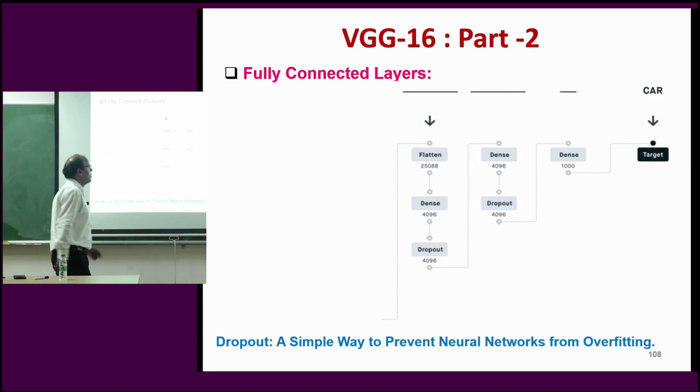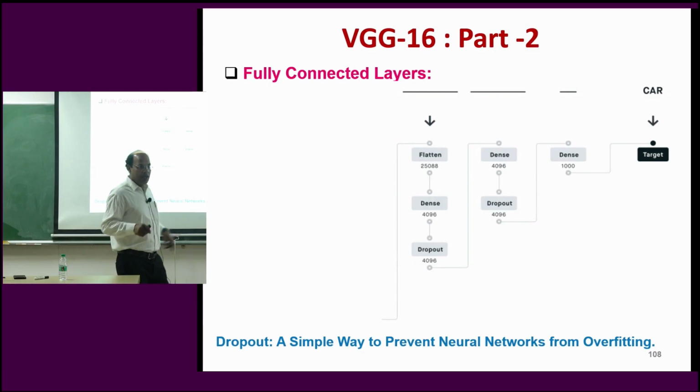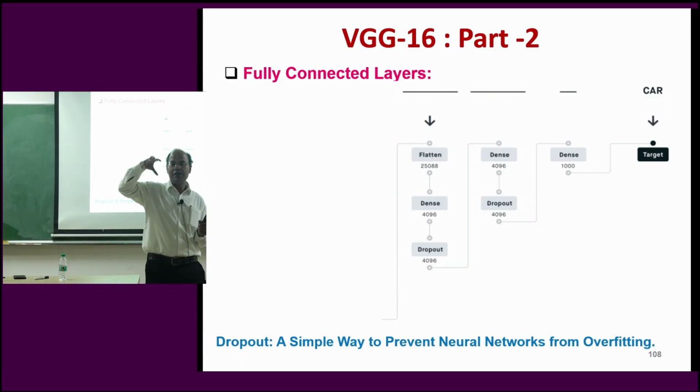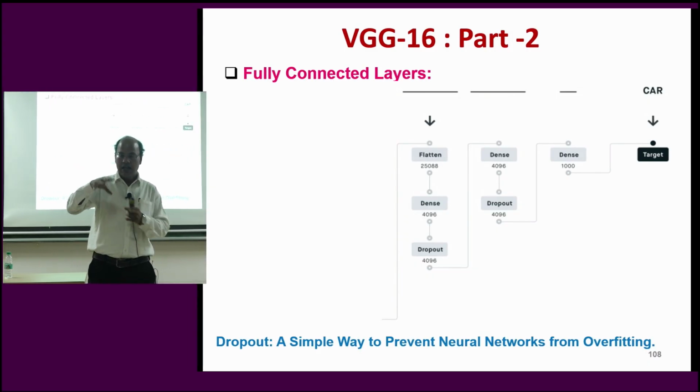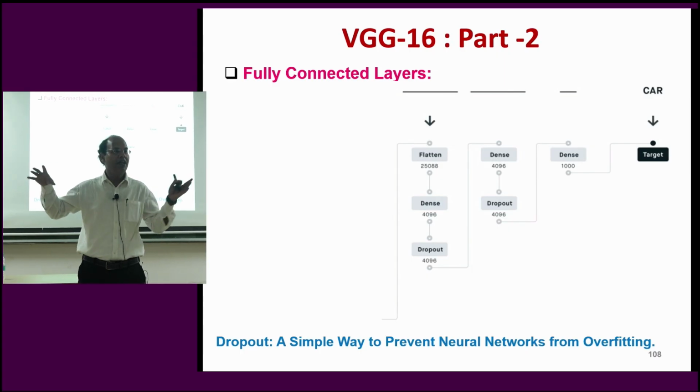And then dropout. Dropout always uses a percentage, so it may be like 25% or maybe 50%, right? If you are using 50%, if you write dropout 0.50, it means that during the training, randomly 50% of the nodes become inactive.